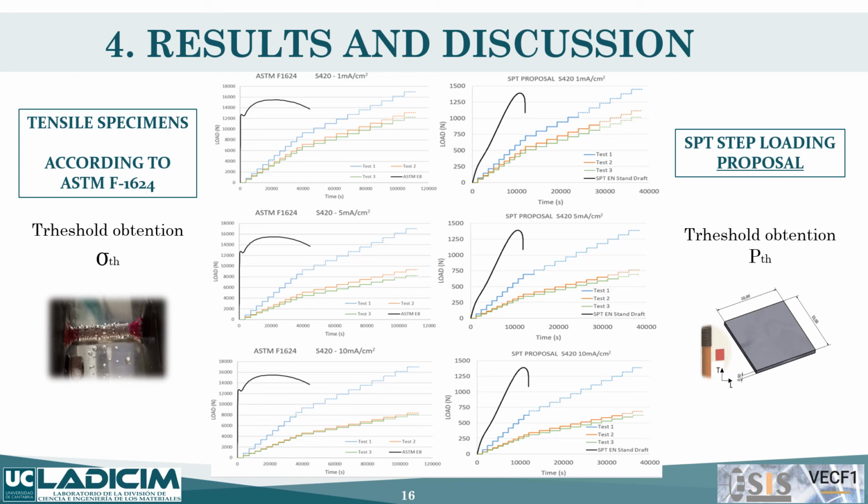And on the right, we can see the same thing applying the small punch test proposal to the same 3 environments. At first sight, we can see that the step profile and duration seem to be more or less consistent and following the same trend in both cases.